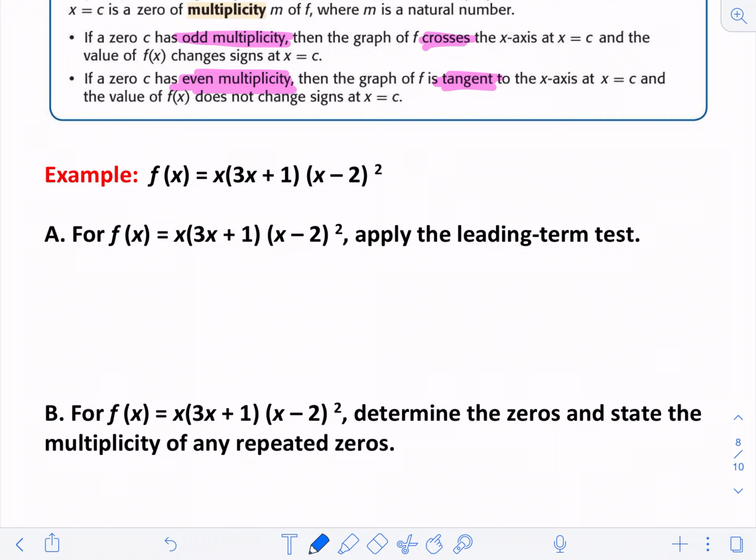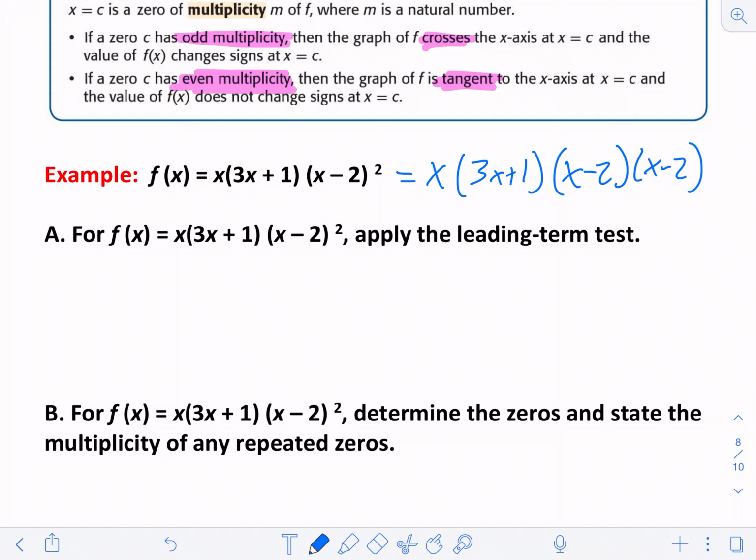What's nice is this looks like it's already factored for us. Let's write out the factors individually: x times (3x plus 1) times (x minus 2) times (x minus 2), right? So you can already see we're going to get a multiplicity that's not 1.